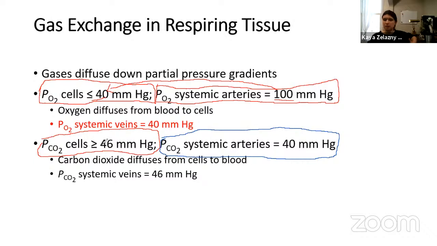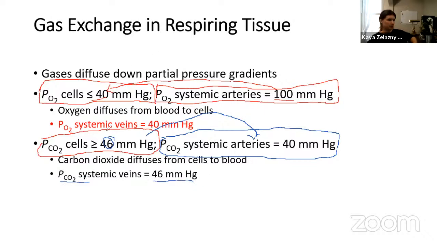So carbon dioxide is going to move down its partial pressure gradient, which is the opposite of the partial pressure gradient for oxygen. So we're going to move from the cells to the blood. They're going to reach equilibrium, bringing the partial pressure of carbon dioxide up to 46.